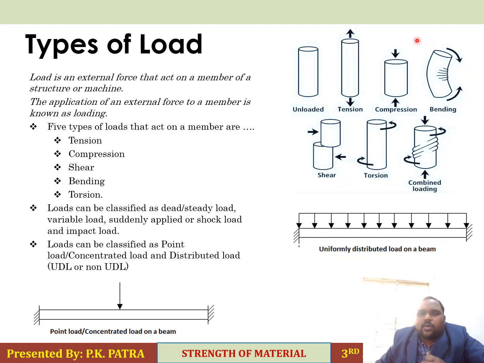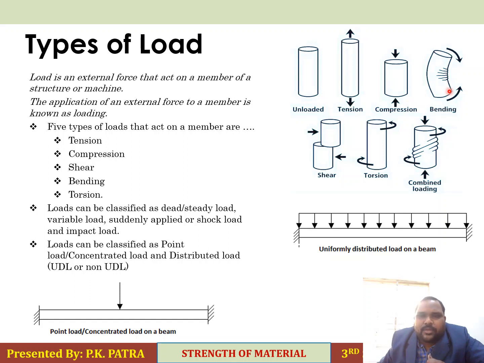That means when you are compressing a material, that means you are applying the pushing force on the material, whatever the cross section may be, its length will decrease. If its length decreases, the cross section will increase. So this is the compression. Okay, then you can see the bending here.